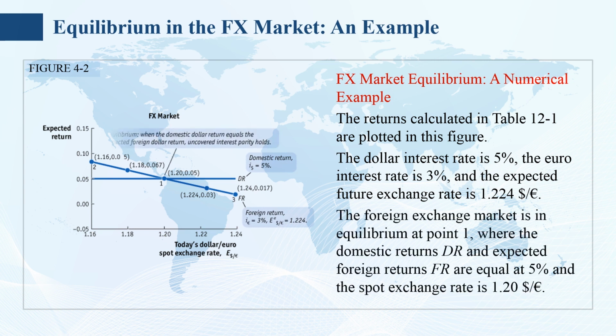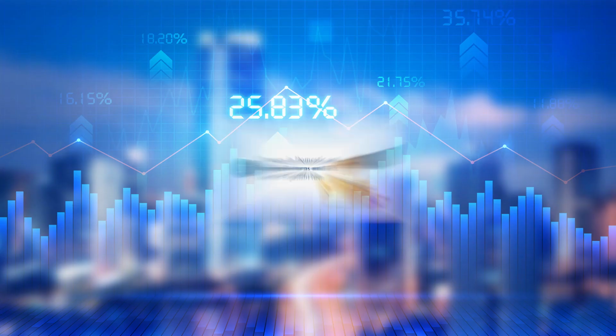The foreign exchange market is in equilibrium at point 1, where the domestic returns DR and the expected foreign returns FR are equal at 5%, and the spot exchange rate is $1.2 per euro.